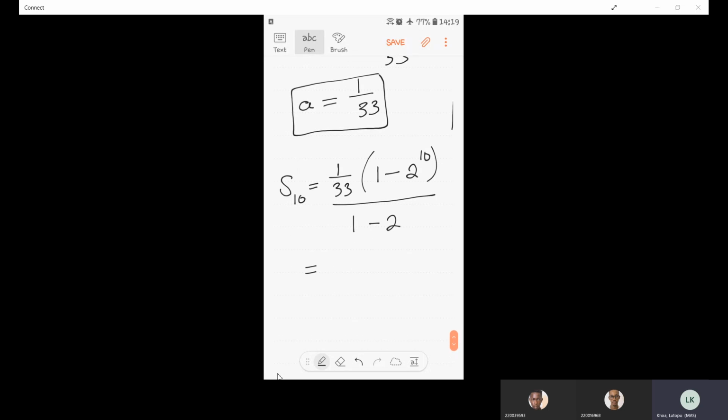So this should be equal to, on your calculator, I got 31. You can always check to see if my answer is correct. You type that in on your calculator with the brackets the way I've written them, and then you should get the same answer.